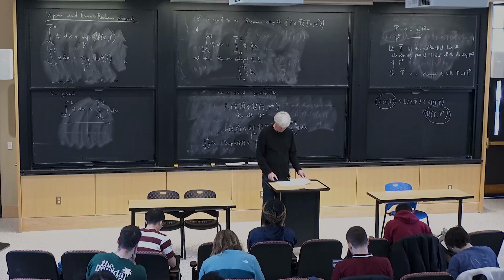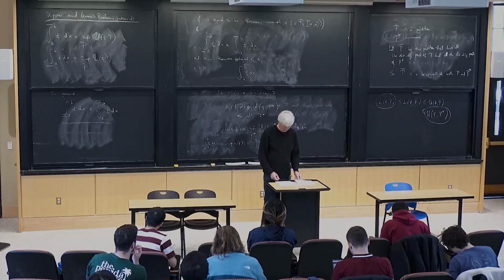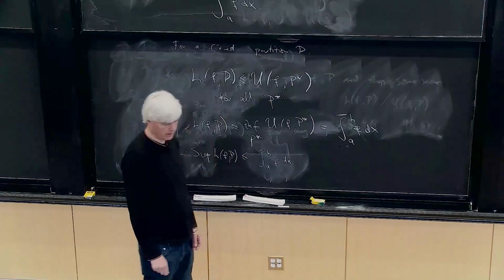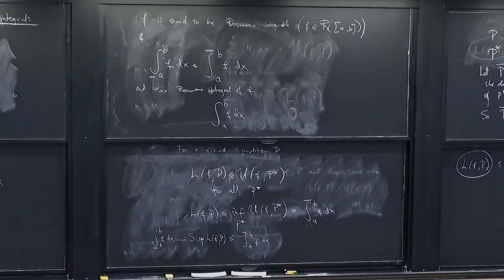Let's look at a function. I added just a little bit, if you find it interesting, I find it interesting, but maybe you don't, but a little bit about Riemann.